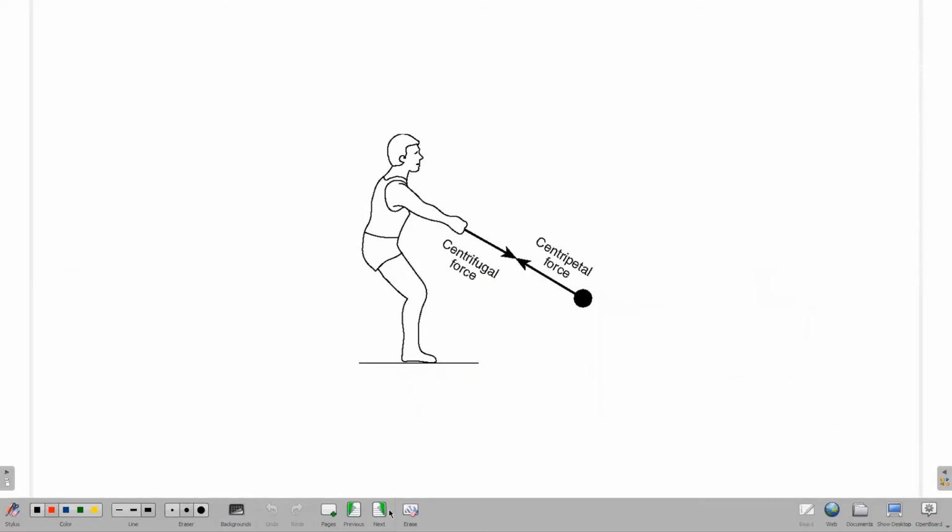Now, if we have a mass at the end of a light cord and we whirl that mass, which is attached to the light cord, around in a horizontal circle, we will experience a centripetal force by the inward pull of the cord.